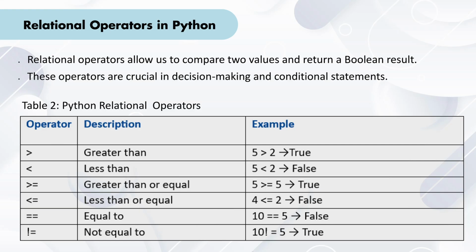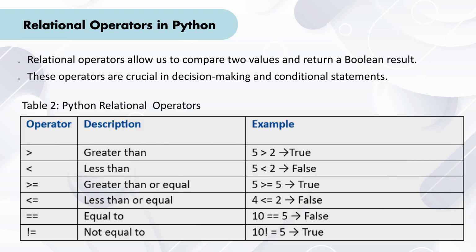Now let's discuss the relational operators. Relational operators are also known as comparison operators. Relational operators allow us to compare two values and return a Boolean result. These operators are crucial in decision making and conditional statements.